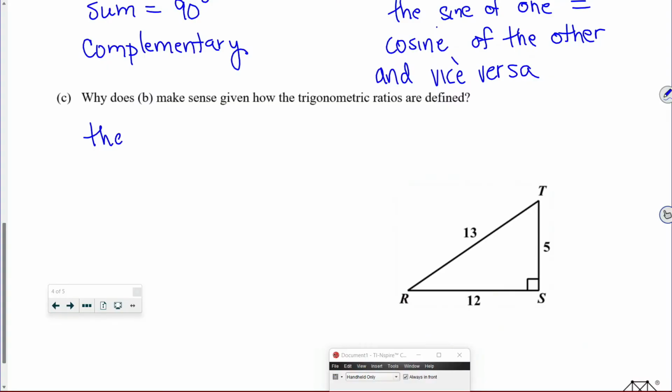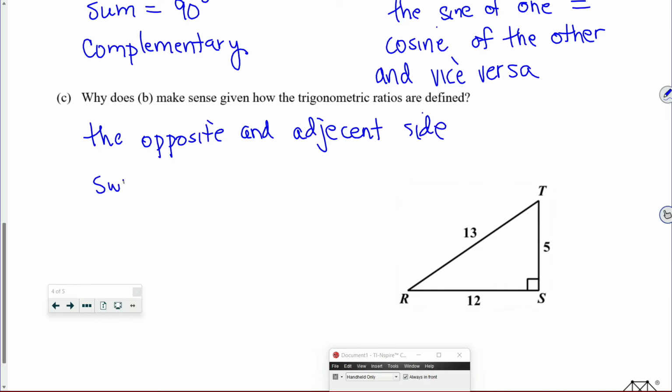So the opposite and adjacent sides switch positions for the two acute angles.